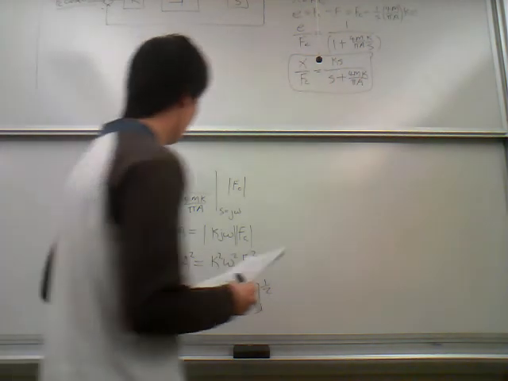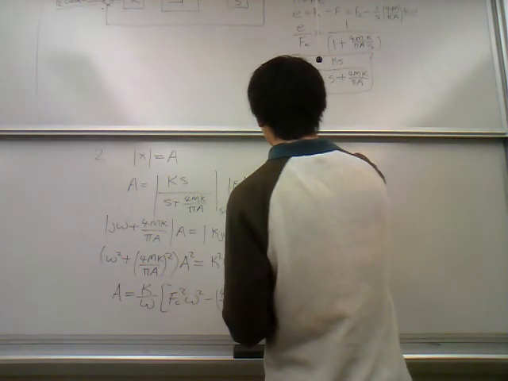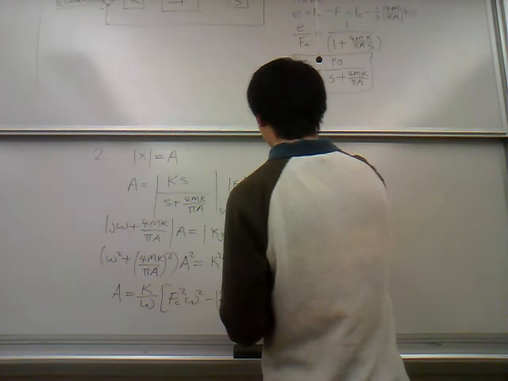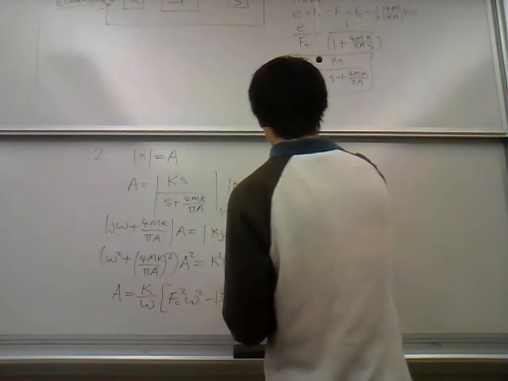So now we have A, we can find what we're asked to find, which is F over FC.